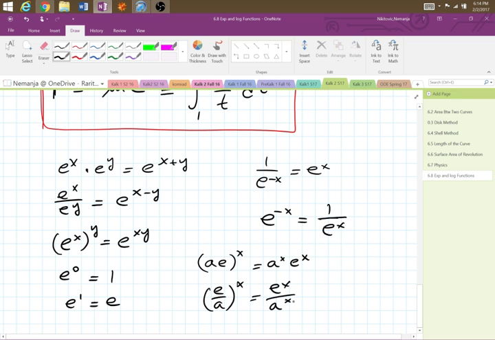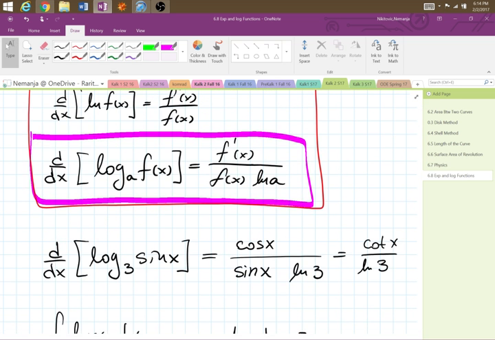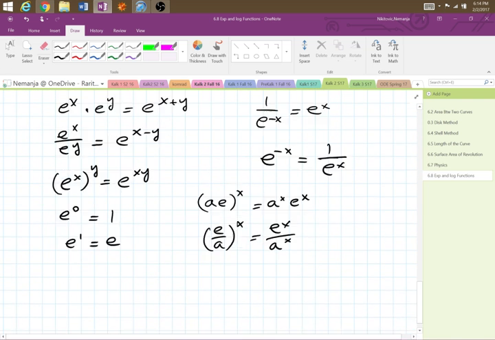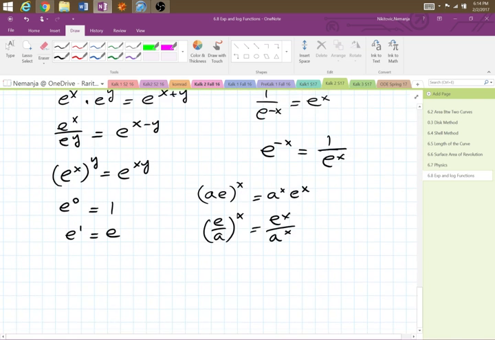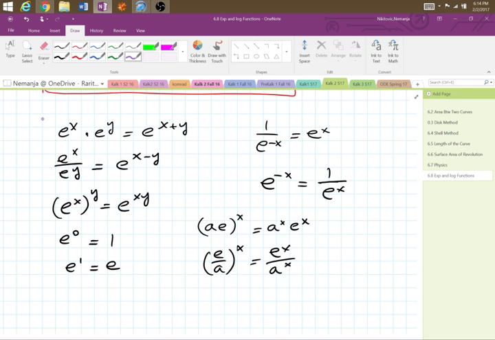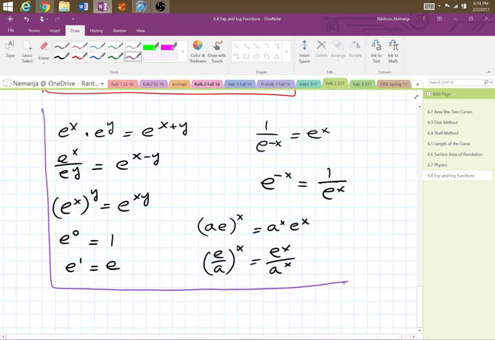So all of those are good. They use purple? Yeah. They got to color code these. So these are all of your algebra properties regarding e. We want to know calc.